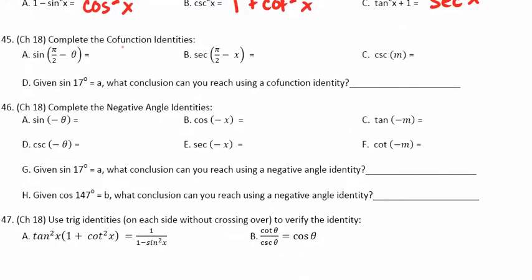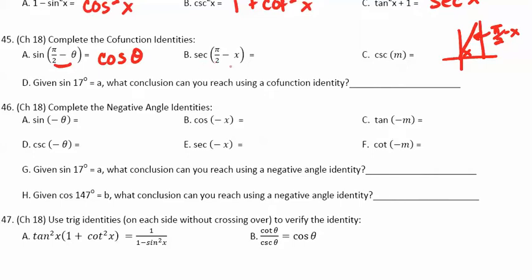Cofunctions means complementary angles. And remember where this came from. We did this many times where we said if this value is x, this other angle is pi over 2 minus x. And the sine of one angle is the same as the cosine of the other. So the sine of this angle is the same as the cosine of theta.